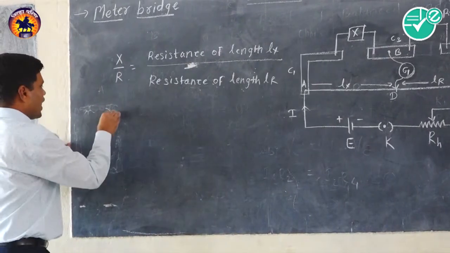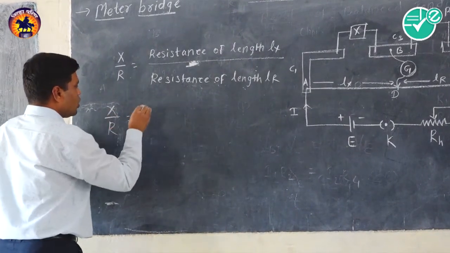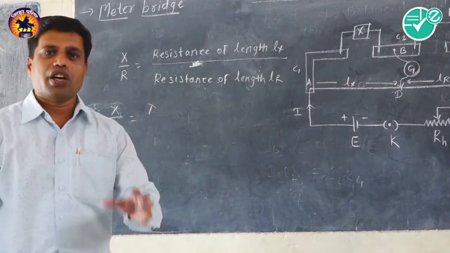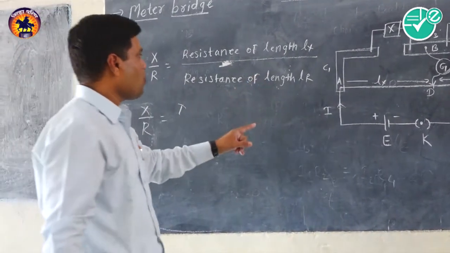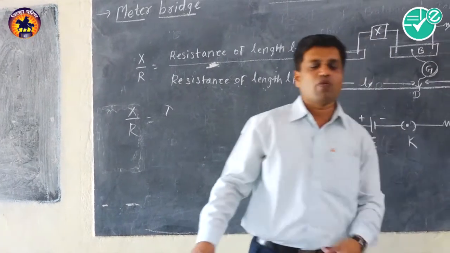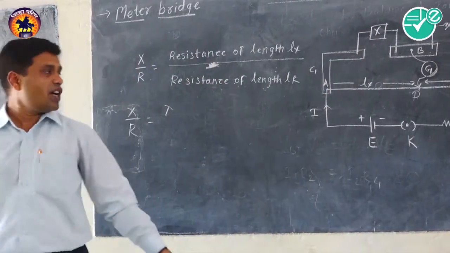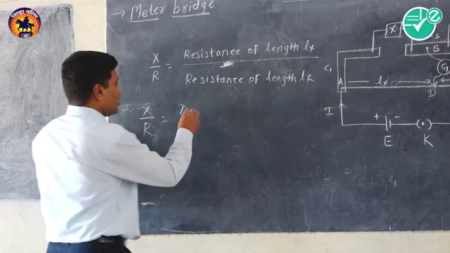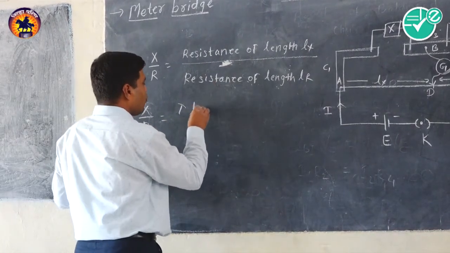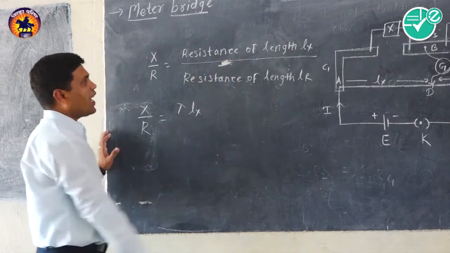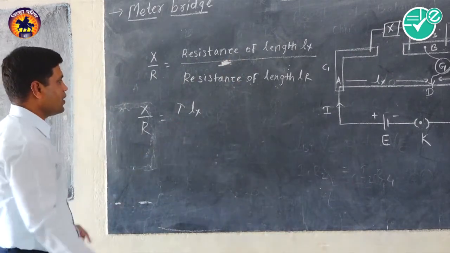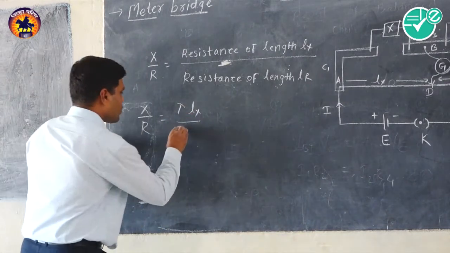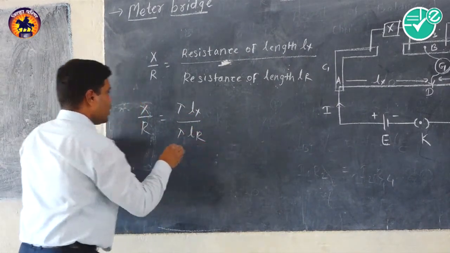Here we can write X by R equals, suppose lambda is the resistance per unit length of the wire. Suppose this wire is 1 meter long, and its resistance per unit length is lambda. So the resistance of length Lx equals lambda into Lx, and similarly the resistance for length Lr equals lambda into Lr.